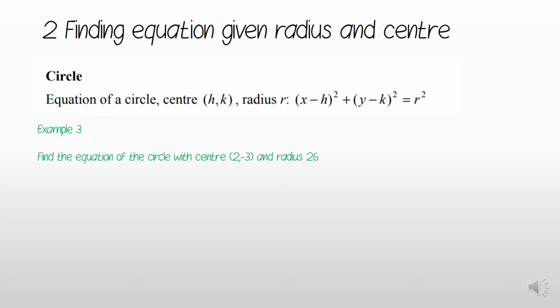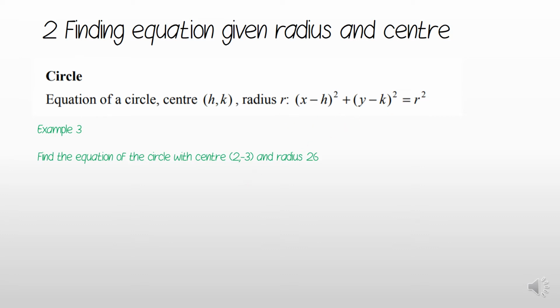So to do this, we get the general equation from our log tables, and then we sub in the values for h, for k, and for r. So the x and the y remain in the equation. All we have to do is find what is h, what is k, and what is r, and we sub them into this equation.